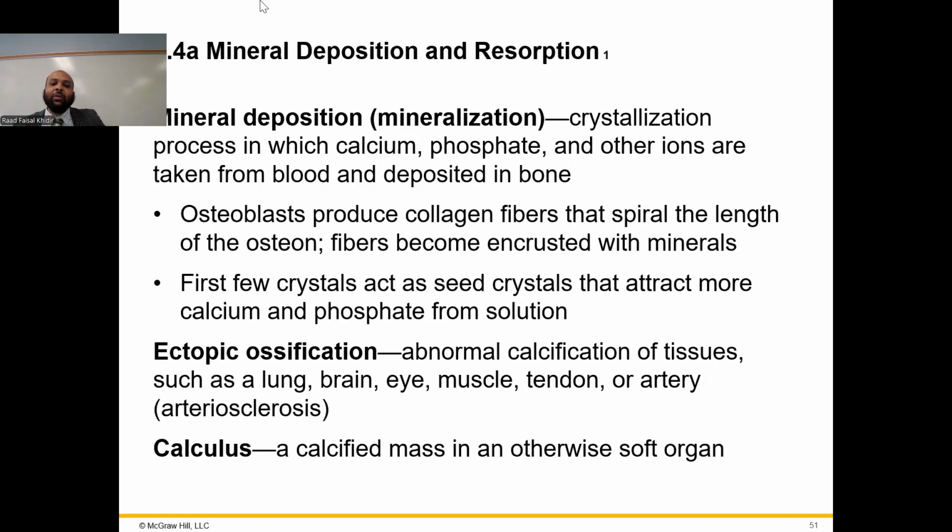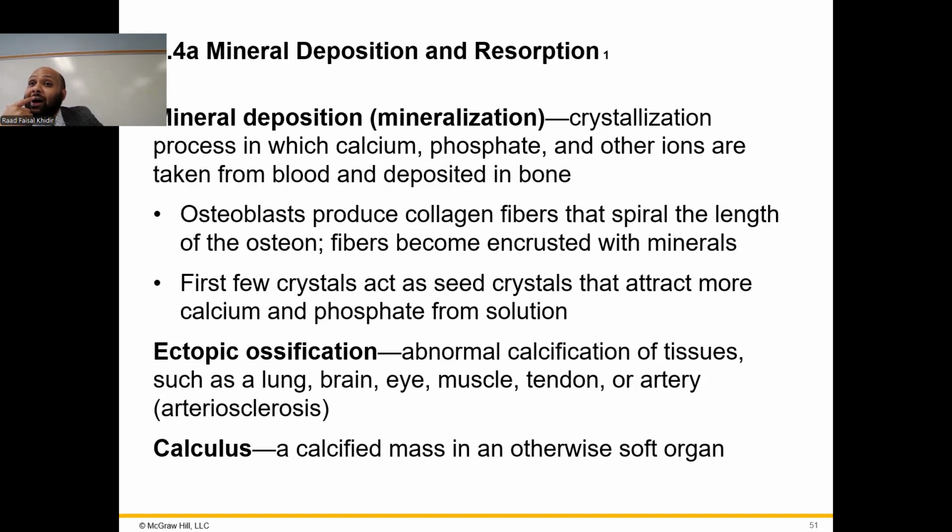Now, mineral deposition and resorption. So mineral deposition, known as mineralization or crystallization, is a process in which calcium phosphate salts and other ions are taken from the blood and deposited in the bone. So what is that in response to? If you're going to take calcium from the blood and deposit it in the bone, what is that in response to?